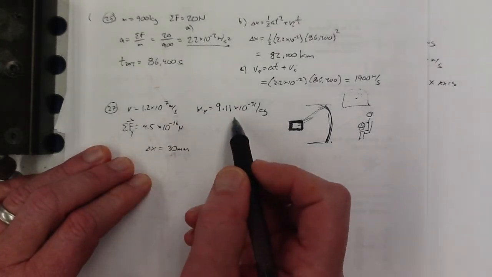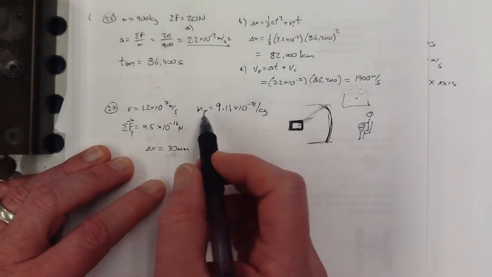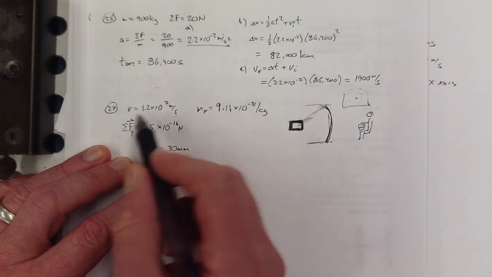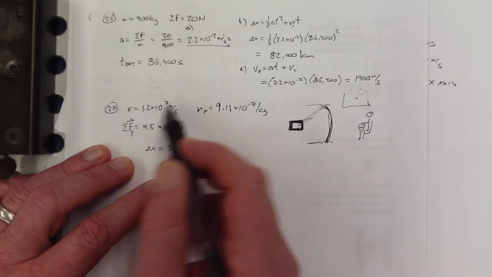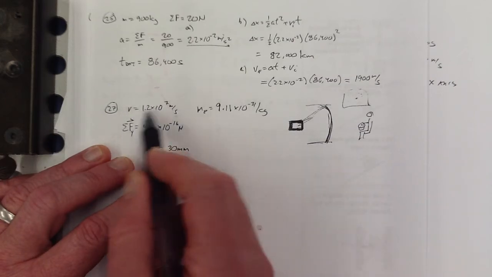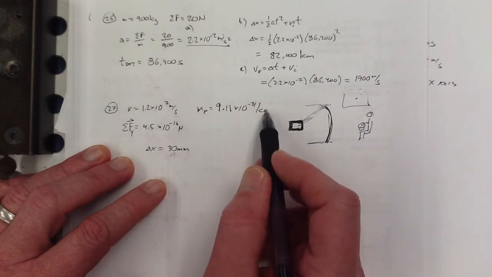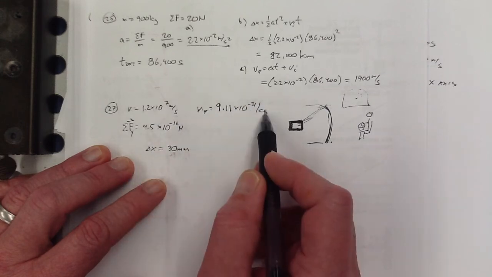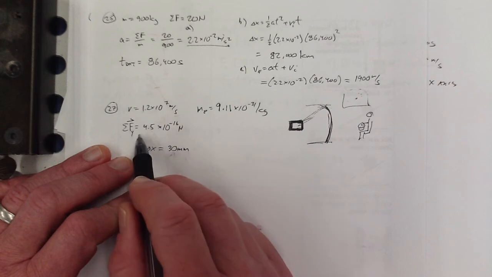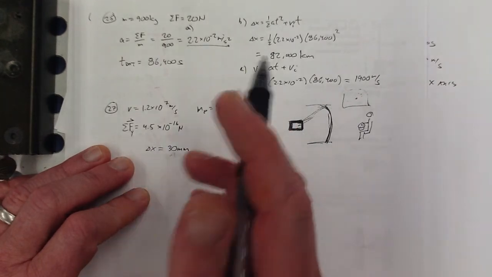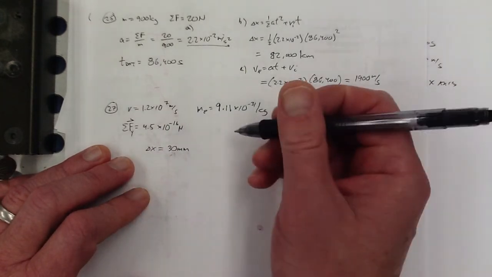So here, of course, if you're thinking about what about gravity? This is so light that the gravitational force on it is completely negligible compared to this force. So we don't even have to pay attention to that.